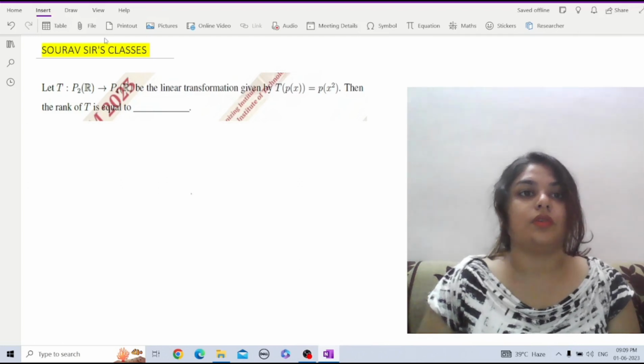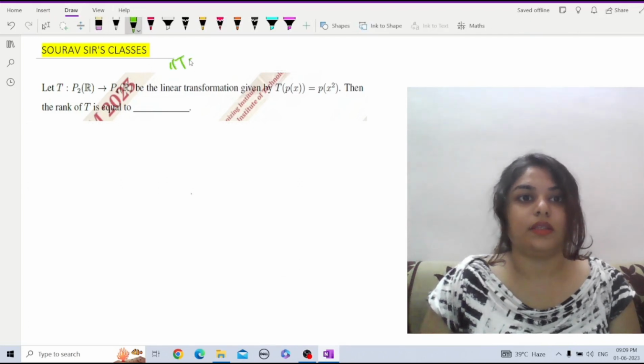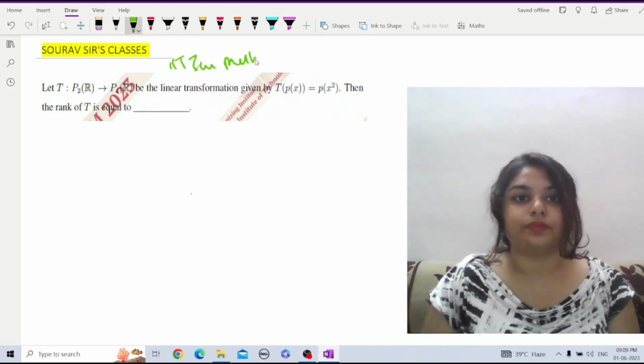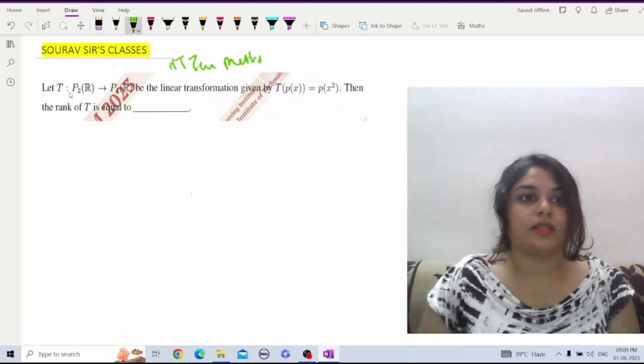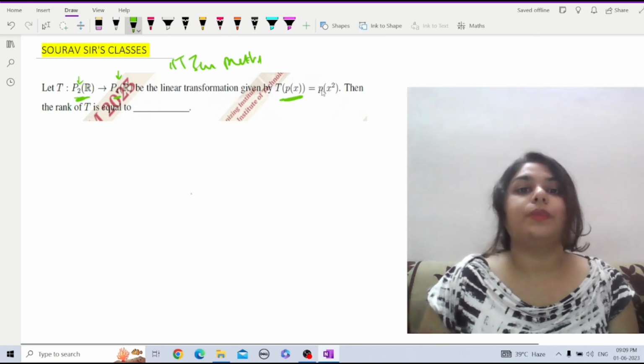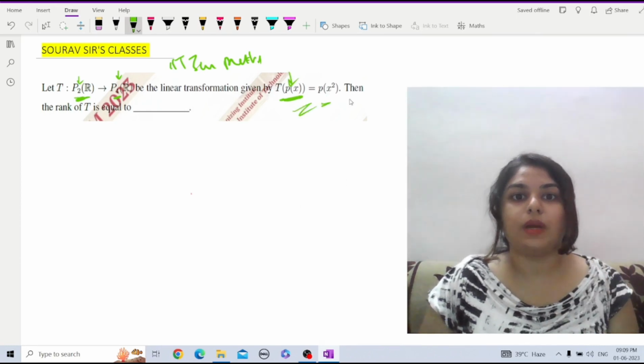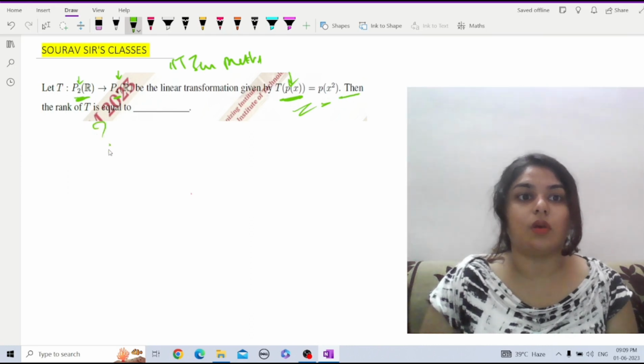The next question in front of you is from our question paper of IIT JAM Maths. Show that there is T such that for the linear transformation from P2 to P4, that is polynomials of degree 2 to polynomials of degree 4, given by T(p(x)) = p(x^2), where p is a polynomial, the rank of T is how much?